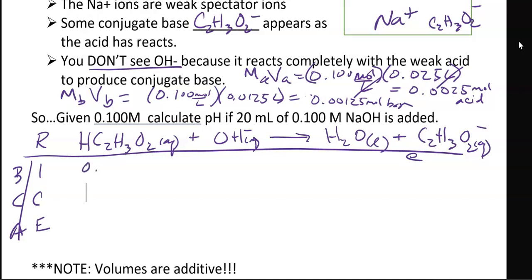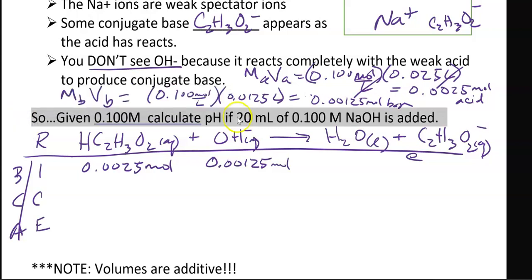So I started with this many moles of acetic acid, and I know that I'm reacting it with this much base. Notice how I put moles in my BCA table. That was deliberate because I'm not working with molarity right now.